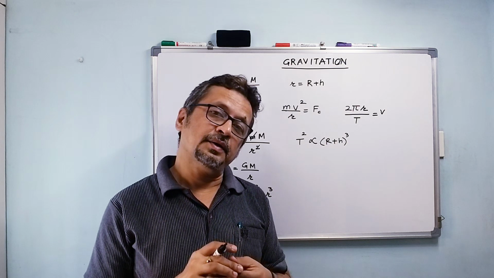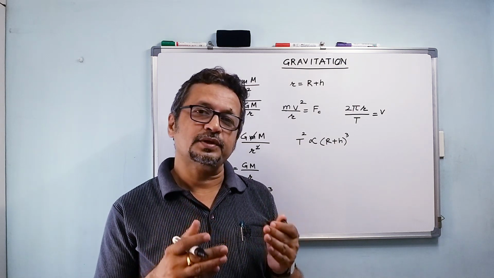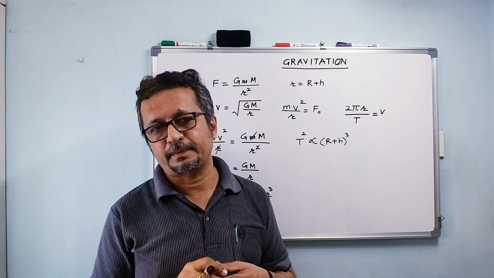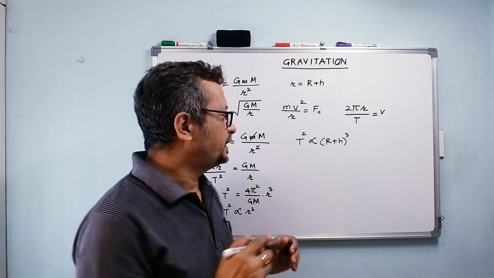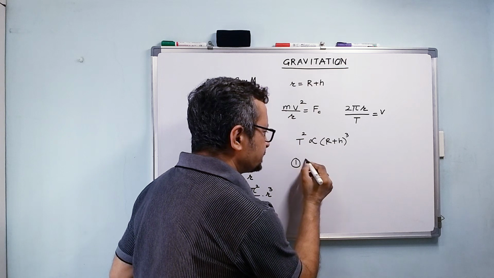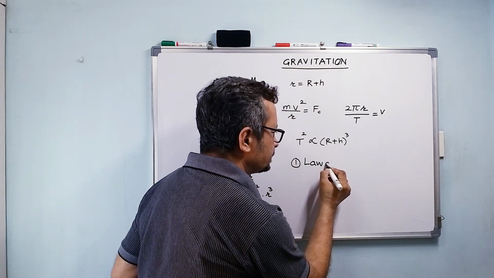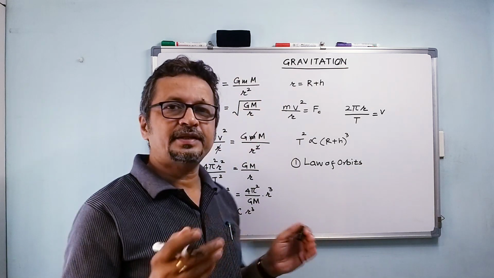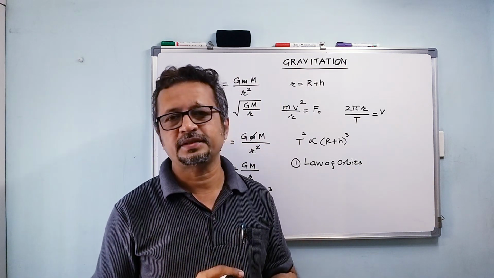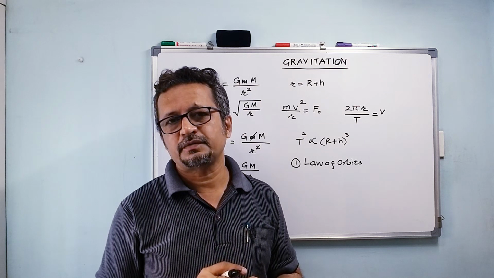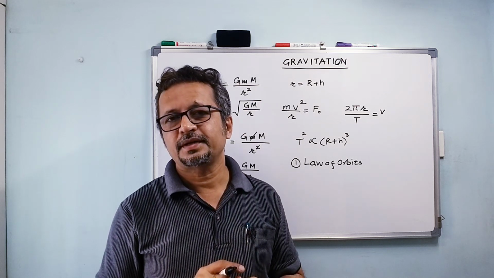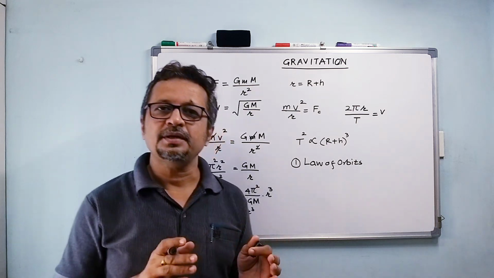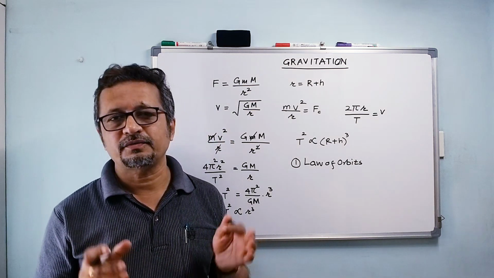So now let us understand what Kepler's laws are. There are three laws put forth by Kepler. The first law is the law of orbits. The formal statement of this law is, every planet revolves around the sun in an elliptical orbit, with the sun situated at one of the principal foci of the ellipse.